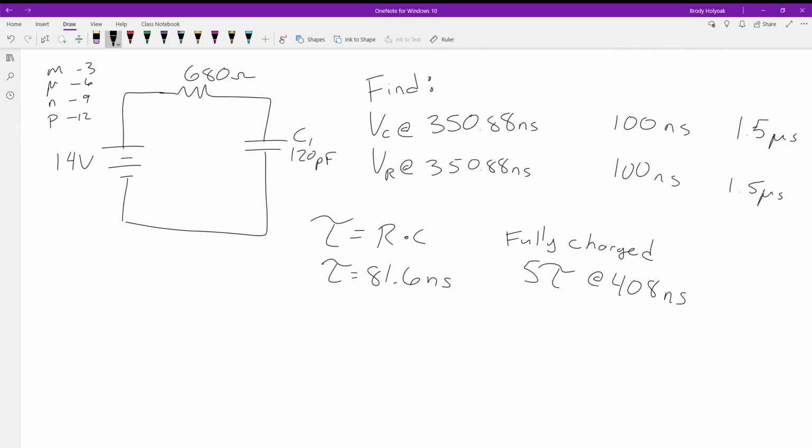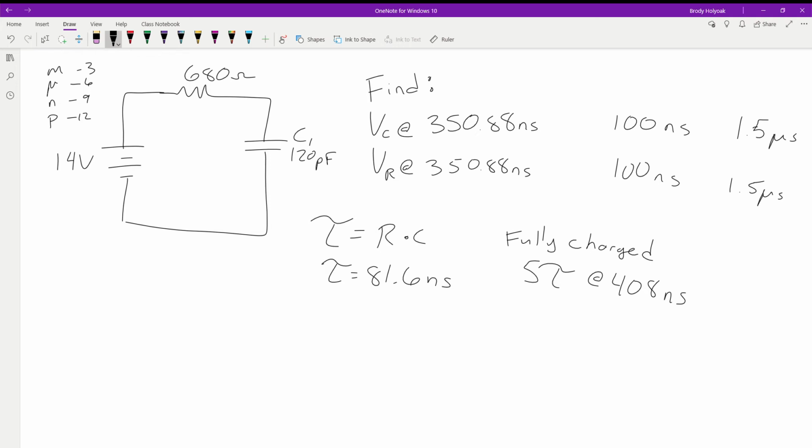So with that, before we even get into any of these calculations, we can already identify one of the times we're looking for. Which one and why? 350.88, 100 nano, and 1.5 micro.